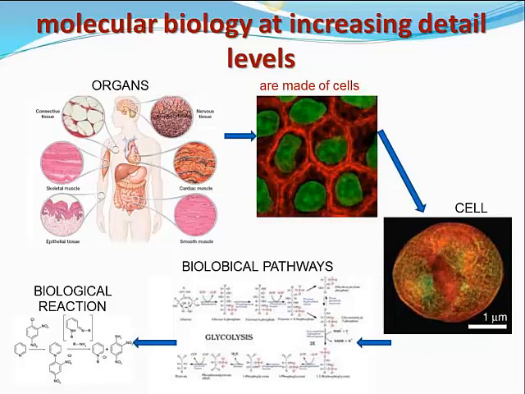Each cell has a size of about 1 micrometer, and within it are thousands and hundreds of thousands of various molecular interactions, biomolecular interactions, pathways like the glycolysis that is presented here. And each one of them is a biochemical reaction that is represented as an example here. And we want to be able to model the system at the various levels of detail.